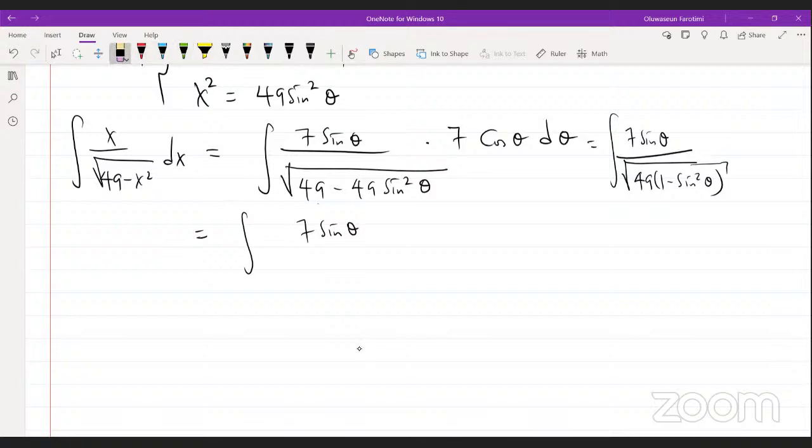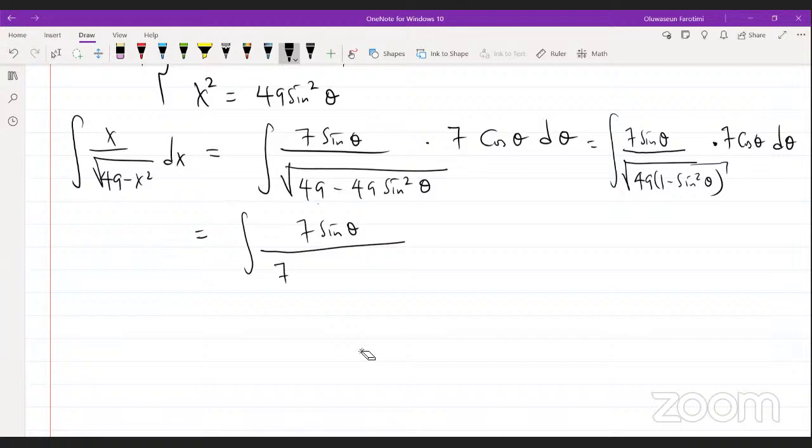You write that clearly. Multiply by 7 cosine of theta d theta. Now, what is the square root of 49? The square root of 49 is 7, right?